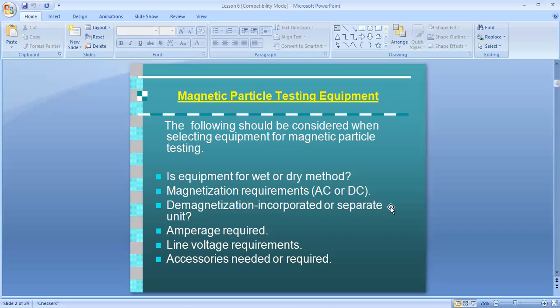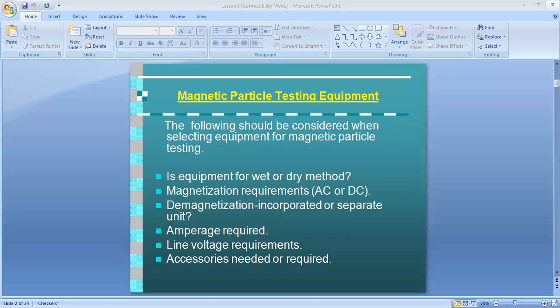Line voltage requirement is also there. Then accessories needed or required. If we are using the fluorescent method, then we have to add black light there. So we have to use the black light assembly and a voltage regulator also.